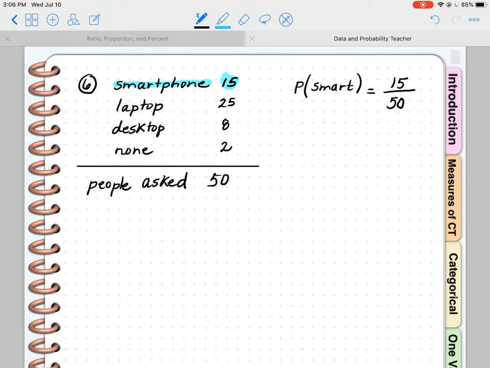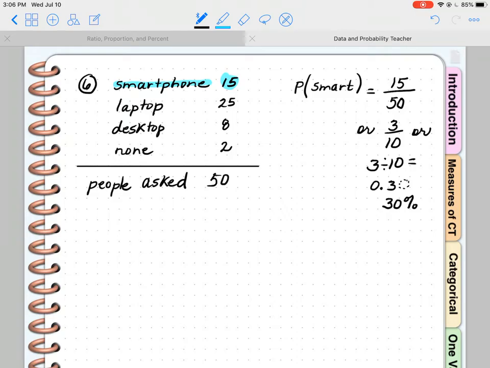But that's going to simplify. If you put that in your calculator as a fraction and press equals, it will give you 3/10. And if you want that as a decimal, do 3 divided by 10, you'll get 0.3. And you can turn that into a percent by moving your decimal 2 places.